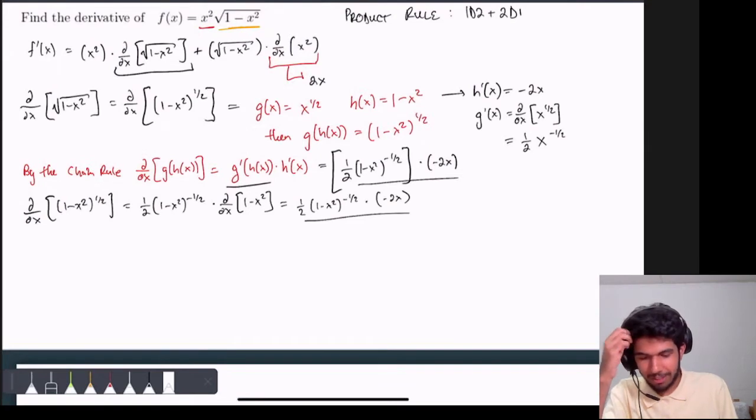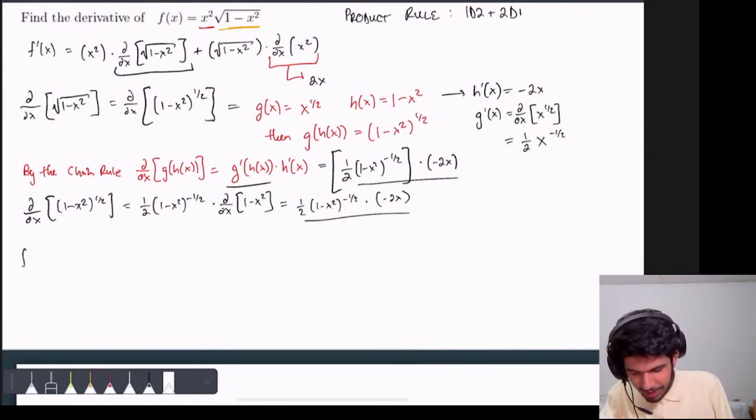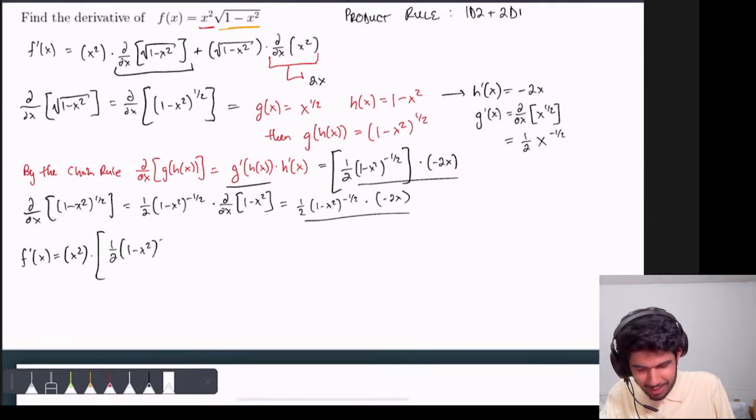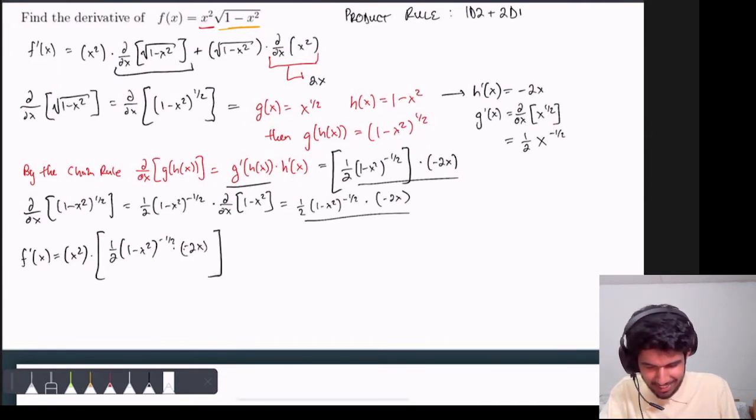But now we have to go back to this f prime of x and simplify. So we get f prime of x equals x squared times this huge behemoth of a thing, 1/2 1 minus x squared to the negative 1/2 times negative 2x, something like that. There might be an extra parentheses in there.